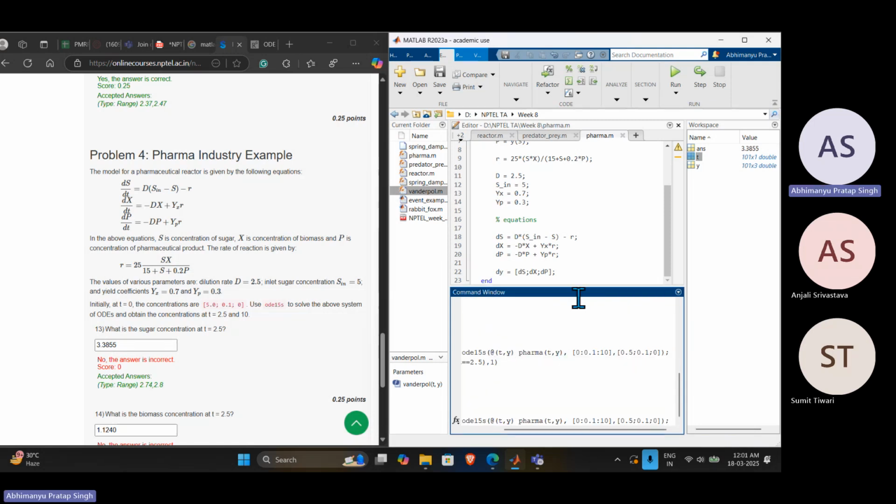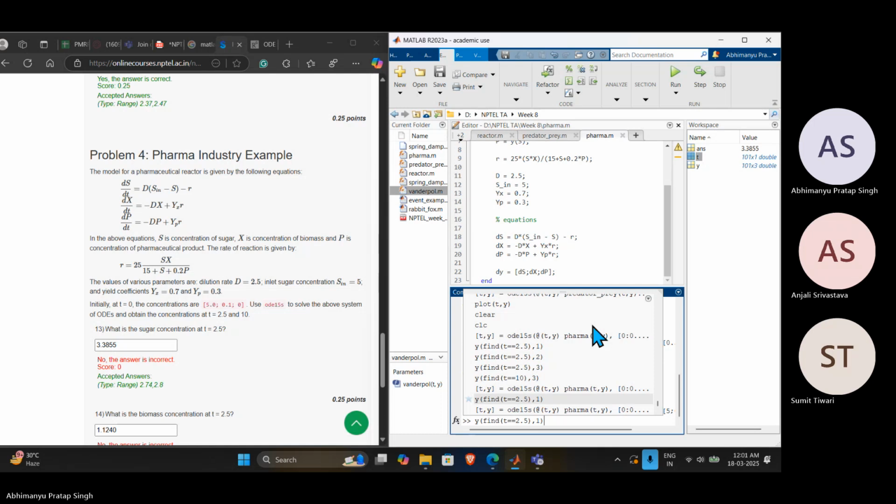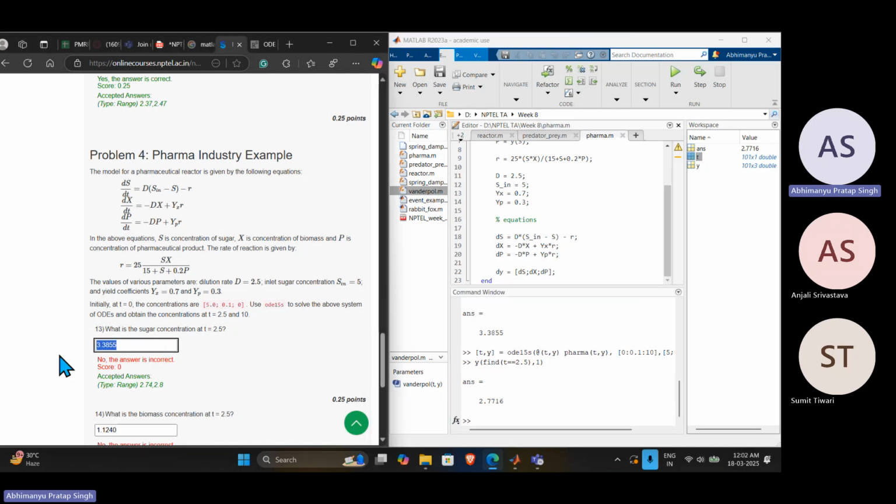I gave the initial condition wrong. So this is like 5, not 0.5. I gave it 0.5. Fine. Now this should be correct.